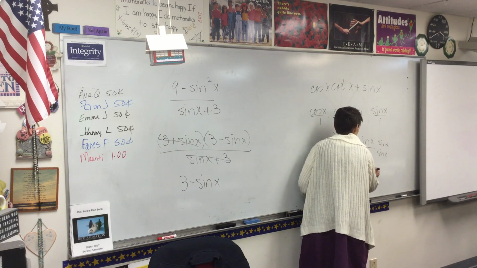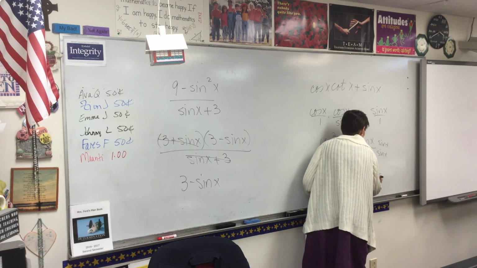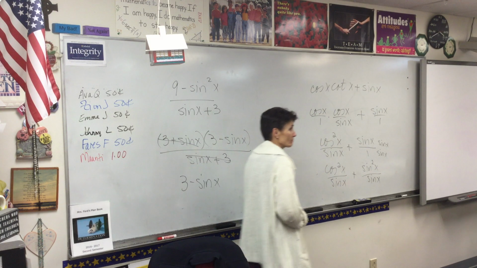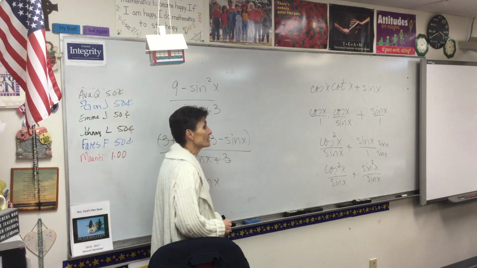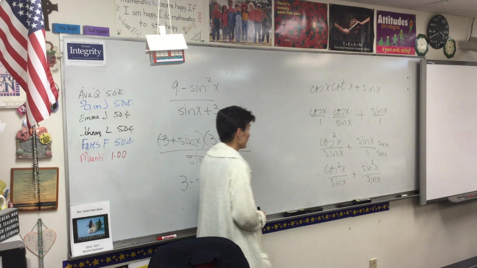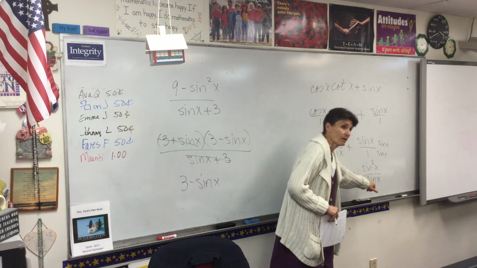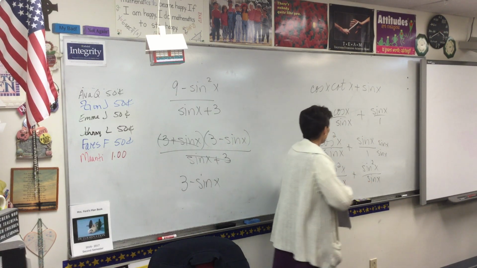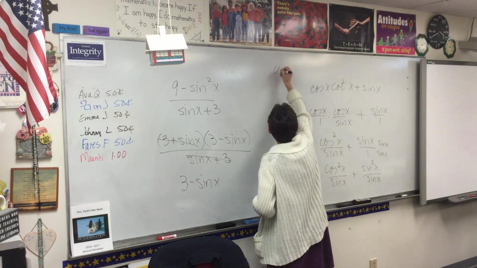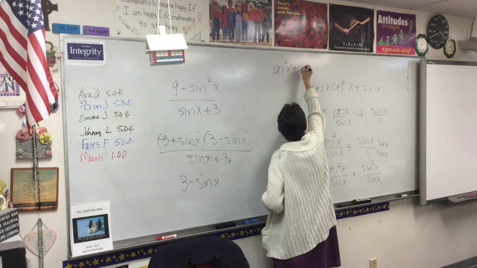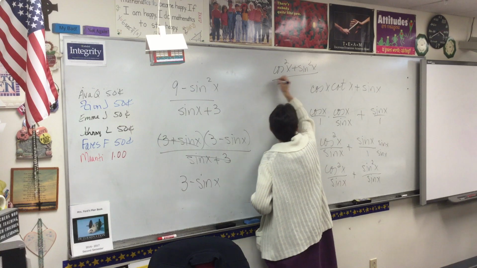So this will become sine squared over sine. Does the top now turn into 1? The top turns into 1 because when I combine those, now they have the same denominator, right? So now I can combine them. So I'll have cosine squared plus sine squared over sine.